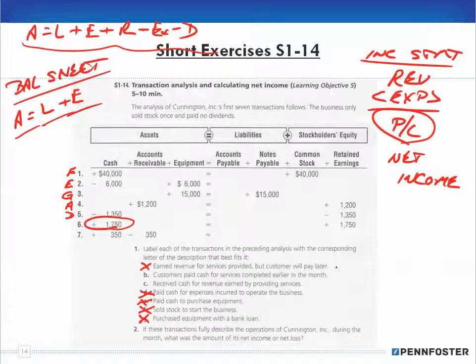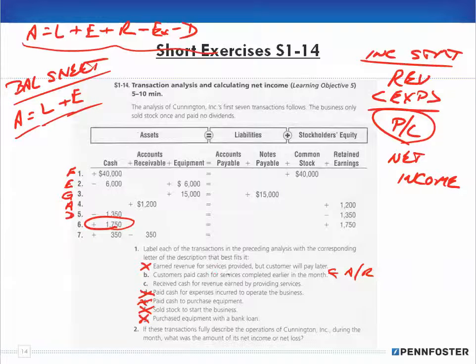Well, if services were completed earlier in the month and they weren't paid for, that means they would have had the services on account, meaning we would have made a sale and we would have had an accounts receivable because we were extending credit to them earlier in the month. All right. So now if they're paying cash, they're not paying for the services.